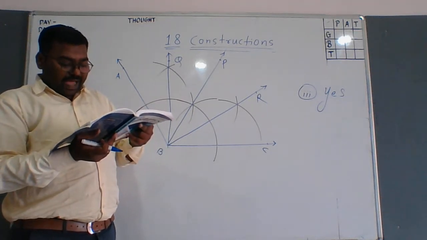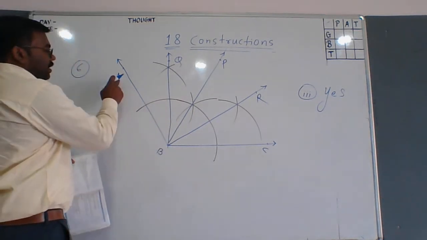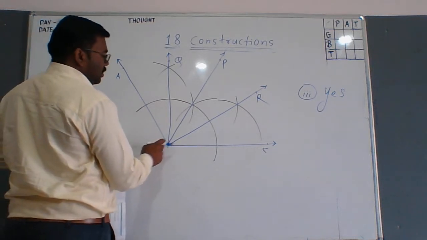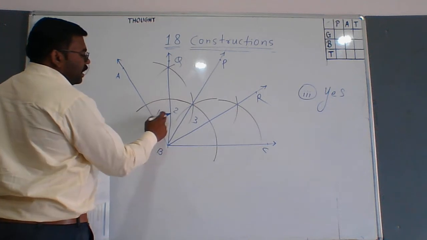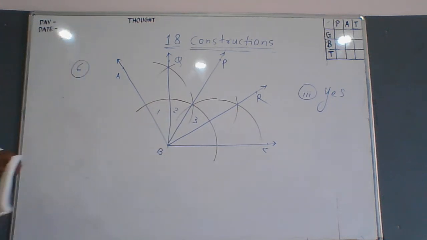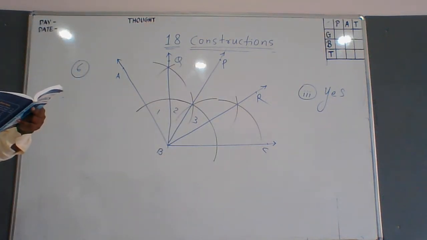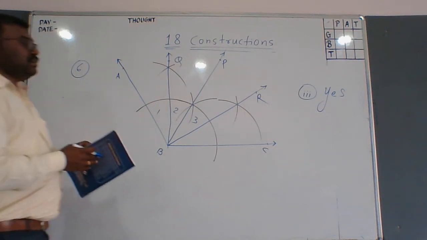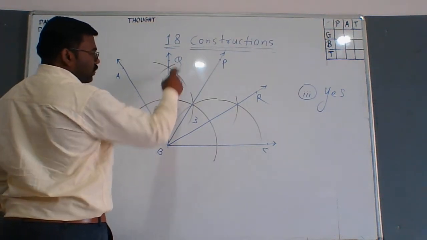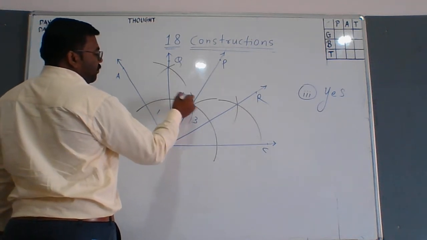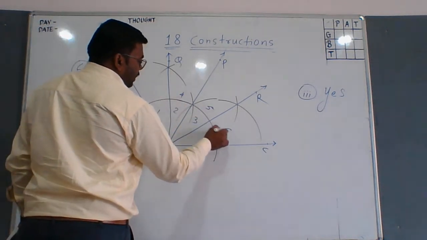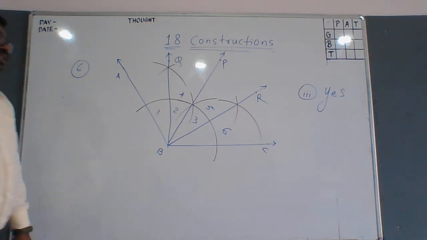Next, are the angle ABR, A, B, R, 1, 2, 3, the addition of this 1, 2, 3, and angle QBC, Q, B, C, the addition of 4, 5 and 6, equal?